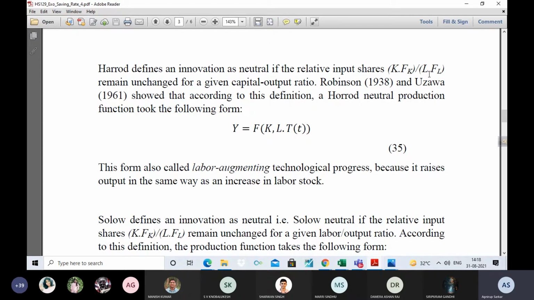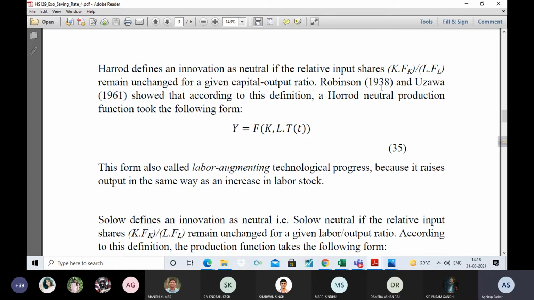Here, you are taking into account a given level of capital, and you are looking into the relative input shares instead of the ratio of marginal products, right? So relative input shares, as in K times Fk divided by L times Fl. Once you find that this ratio, which captures relative input shares, is unchanged, then you can say that such a technology is Harrod neutral, right?